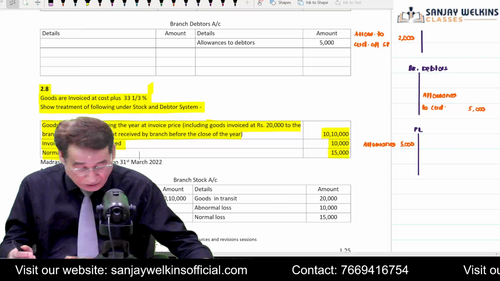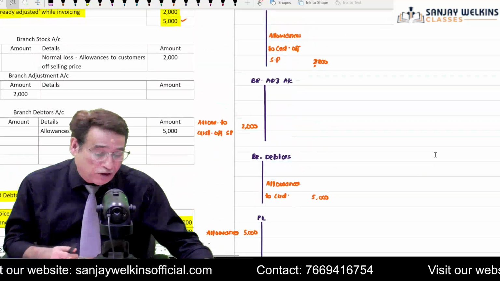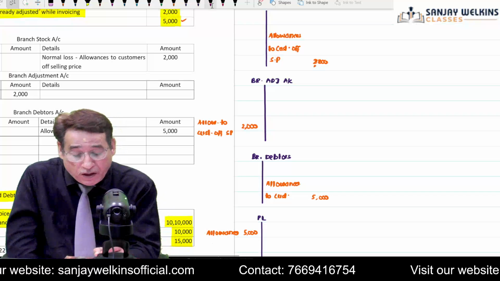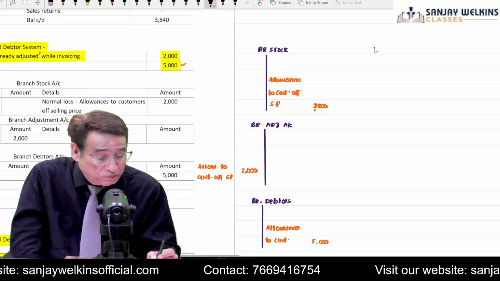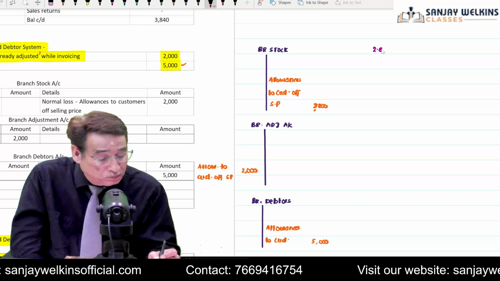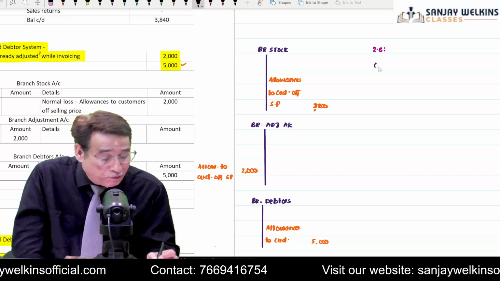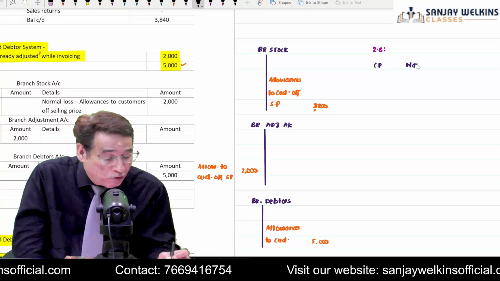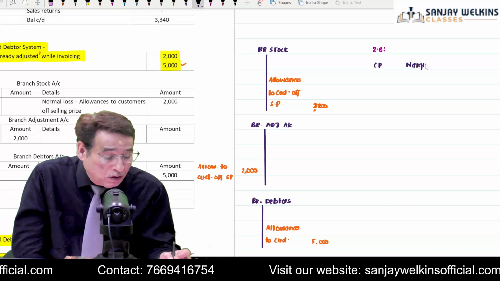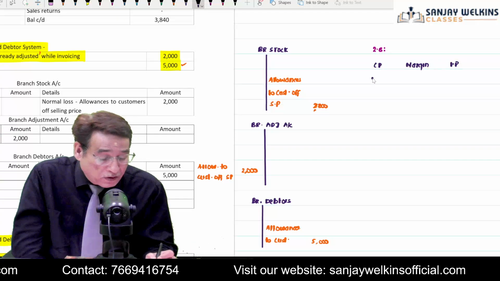See here. To make you understand better, question number 2.8, rates calculation. First of all, you are going to write cost price plus margin is equal to invoice price. Now the rate is given on cost.